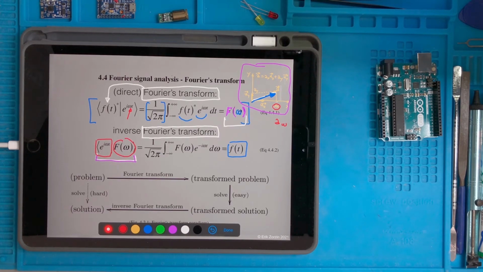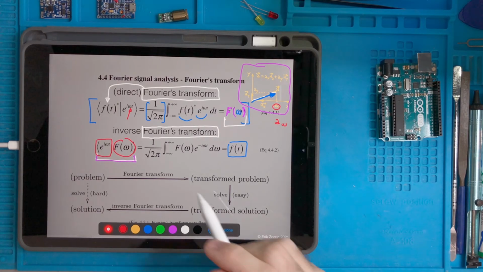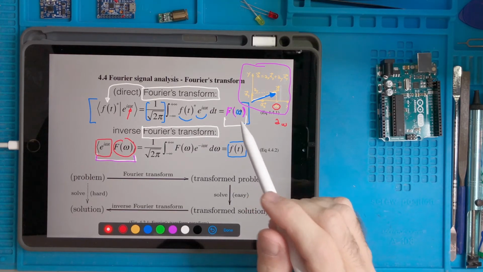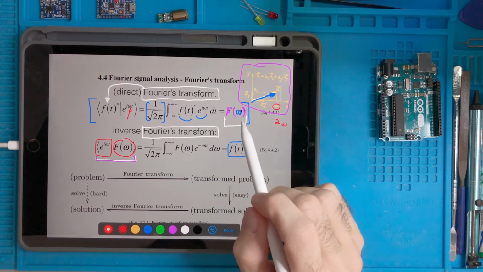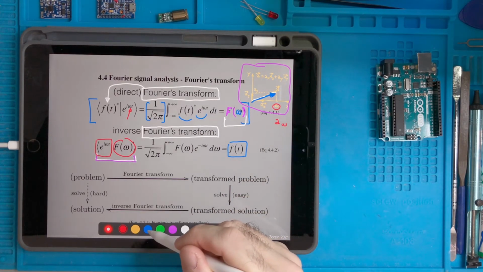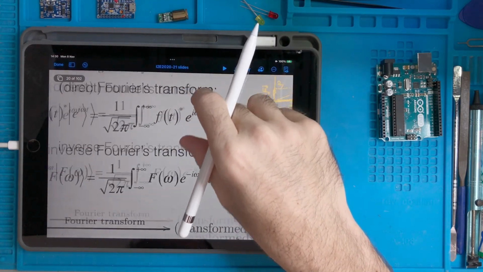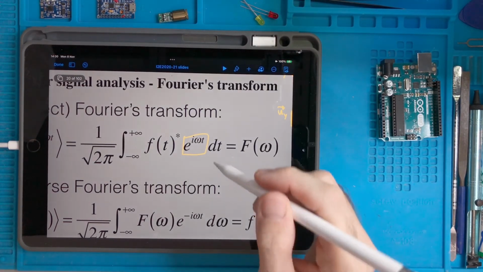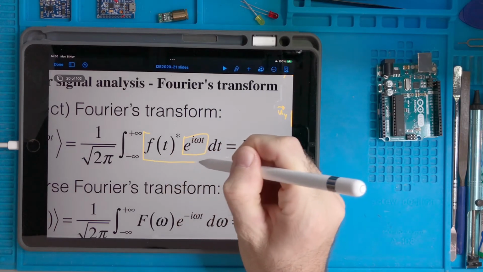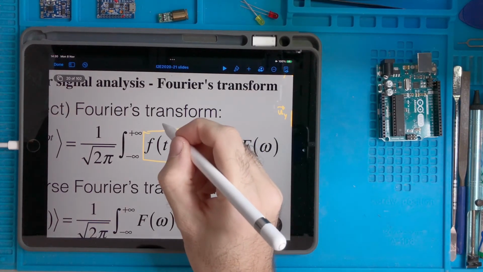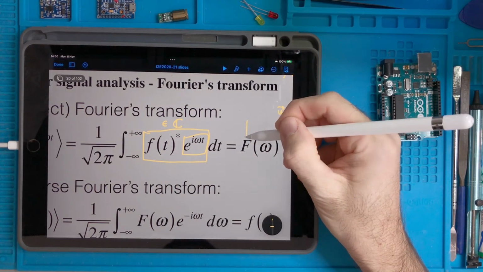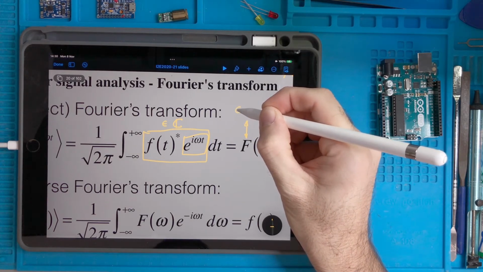So this coefficient, we need to stress this point, F of omega, is a complex number. Why is it a complex number? Because it comes from an integration where here we have a complex function. So generally speaking, the integrand of this integral is a complex number, and so also this thing is complex.